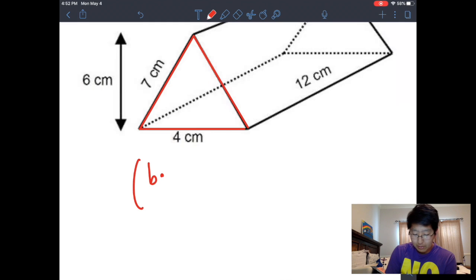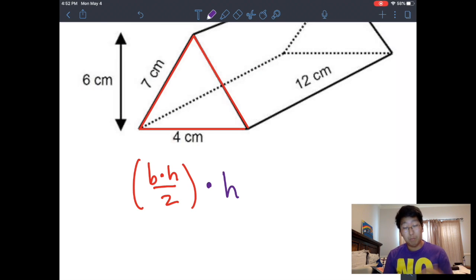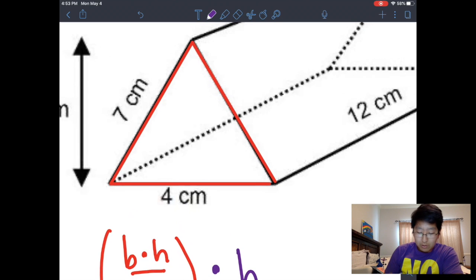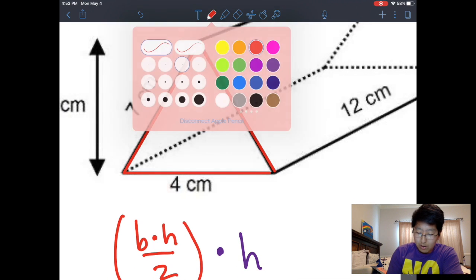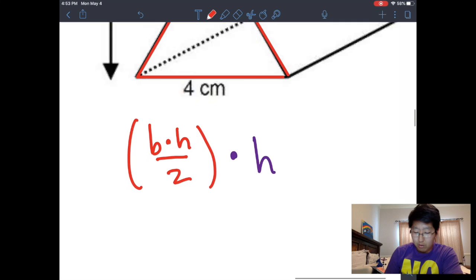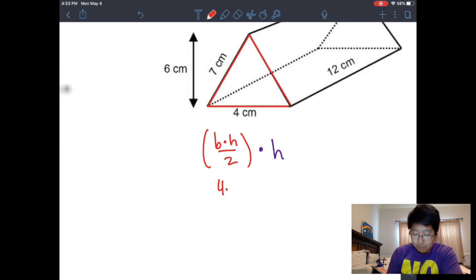So base times height divided by 2. That's the area of the triangle times the height of the entire shape. Wow, that could be a little confusing with 2 H's, okay? But we need to focus on the triangle first. So this triangle, what's the base of the triangle? 4. So 4 times, what's the height?